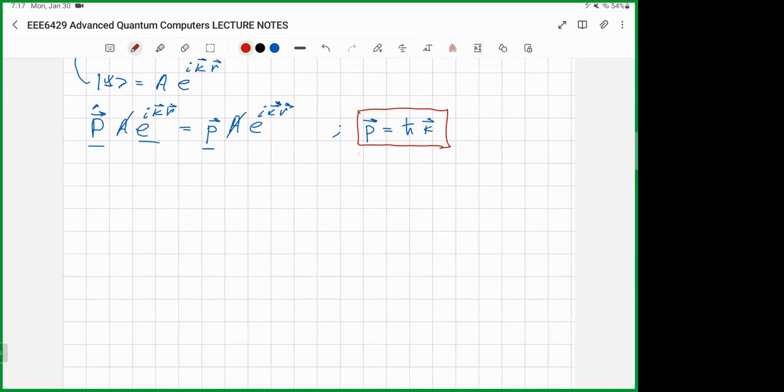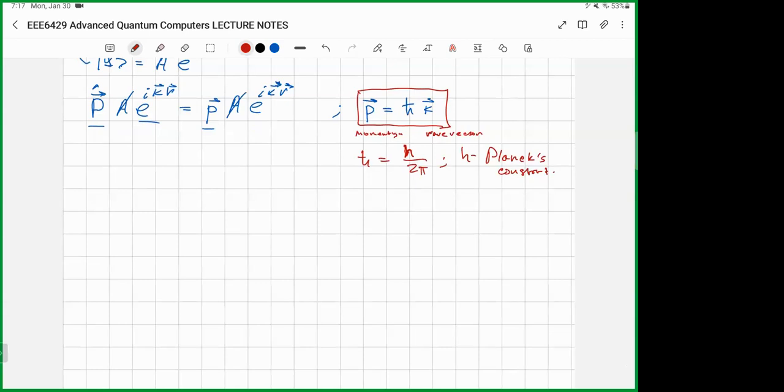So this is momentum, this is a wave vector, and h bar, which is equal to h over 2 pi. h is the Planck's constant.